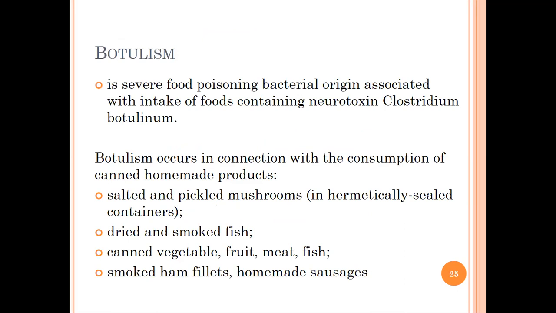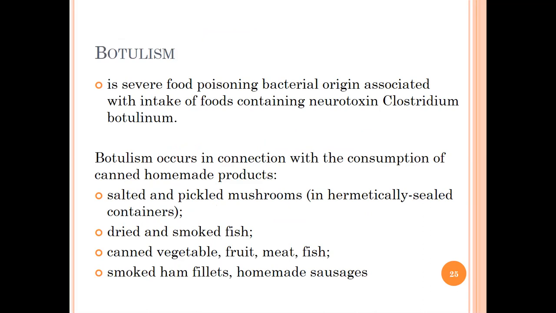Now let's consider botulism. What is botulism? First of all, the definition: it's a severe, maybe the most severe, food poisoning of bacterial origin associated with eating food contaminated with neurotoxin produced by Clostridium botulinum.